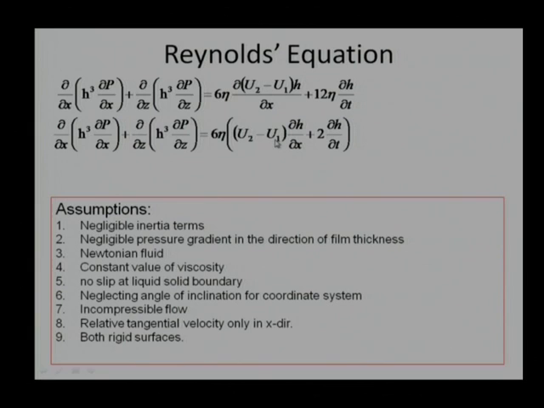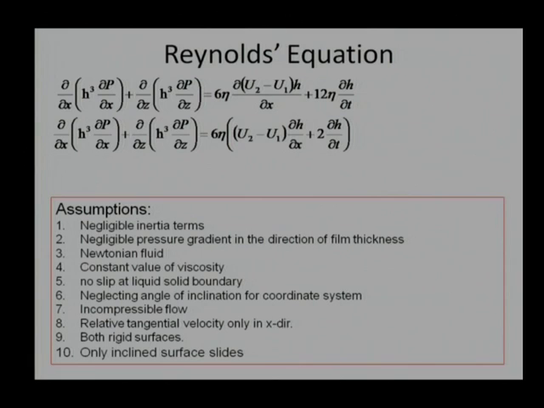We can assume one of the surfaces is stationary, or particularly we say only the inclined surface is sliding at some velocity. The stationary surface, which is a straight surface, does not move, and u1 can be neglected, u1 is 0.